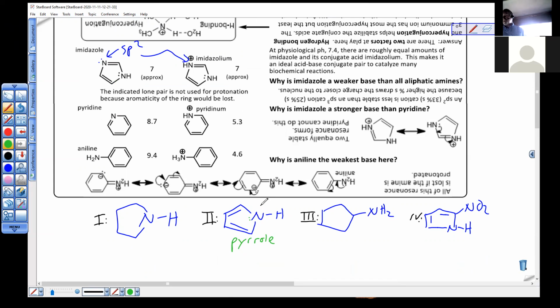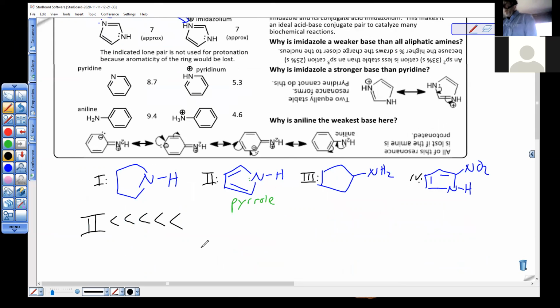If you put a proton on here, it's not aromatic. And that's just going to be a quick, simple explanation of why 2 is the absolute worst base on this page. Lone pair is needed for aromaticity. You shouldn't be using it to pick up a proton.